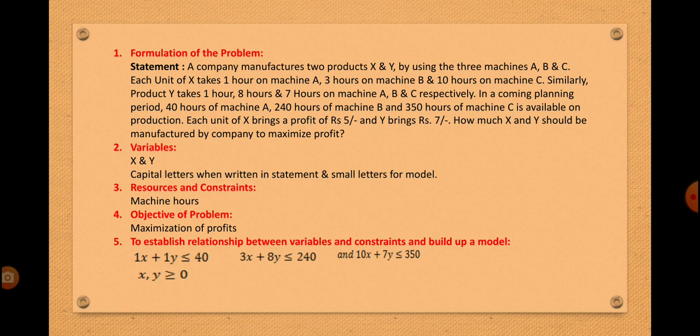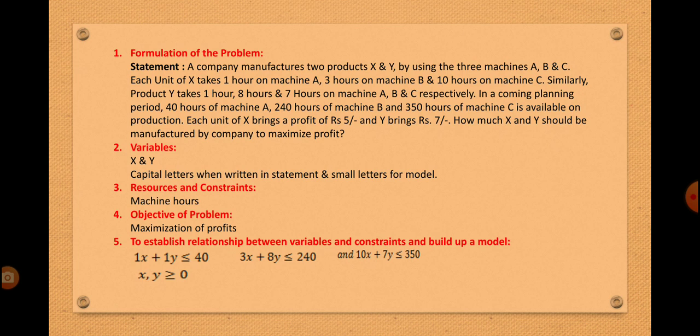So the team of specialists prepares this statement after studying the system. As per the requirement, this must include variables, constraints and objective function. Next phase is identifying the variables.